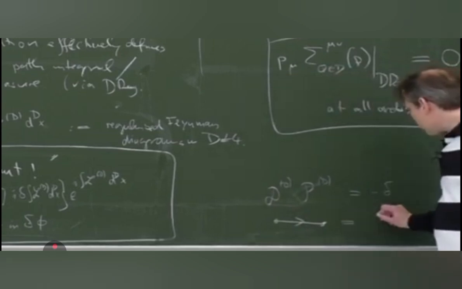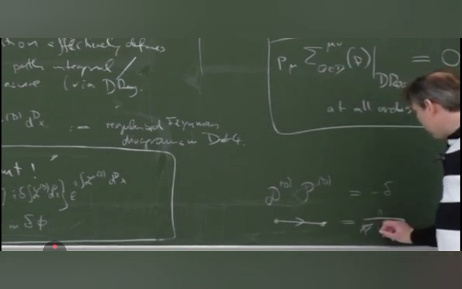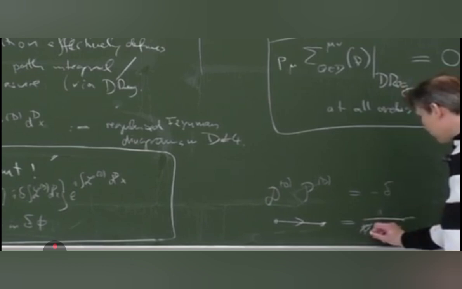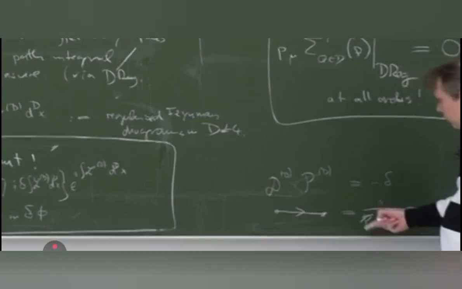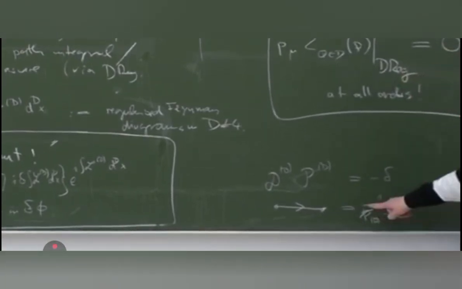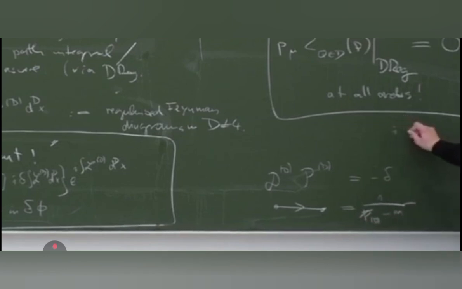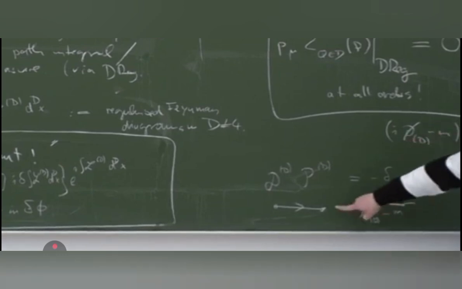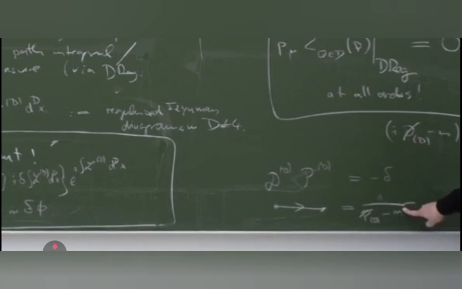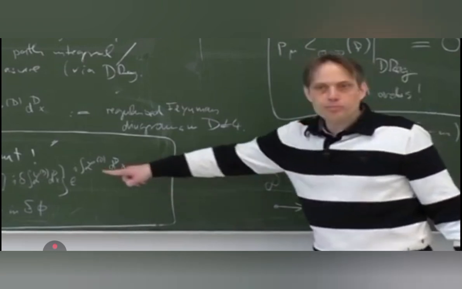You would write it as i divided by p slash minus m, where this p slash is now a d-dimensional p slash, such that this propagator is really the inverse of the differential operator which appears in the d-dimensional Lagrangian, where you would have i d slash minus m, and the d slash is also interpreted in d dimensions. So there is this relationship between the propagators in regularized Feynman diagrams and the differential operators in the regularized Lagrangians, and this is the core which enables this property to be valid.